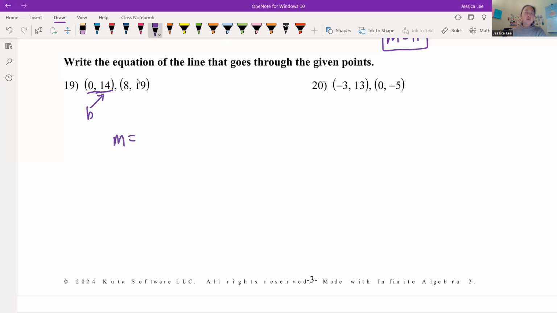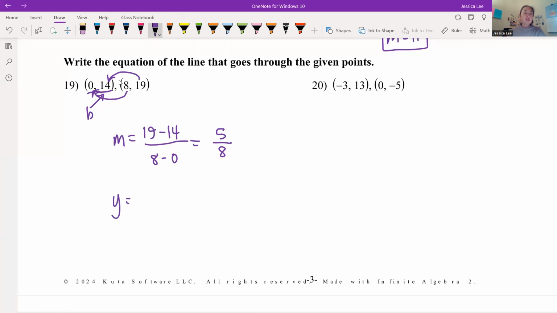M is equal to y2 minus y1, so it's going to be 19 minus 14 over x2 minus x1, 8 minus 0. All right, and then 19 minus 14 is going to be 5 over 8 minus 0 is 8. 5 over 8, that's our slope. So now we can write the equation.